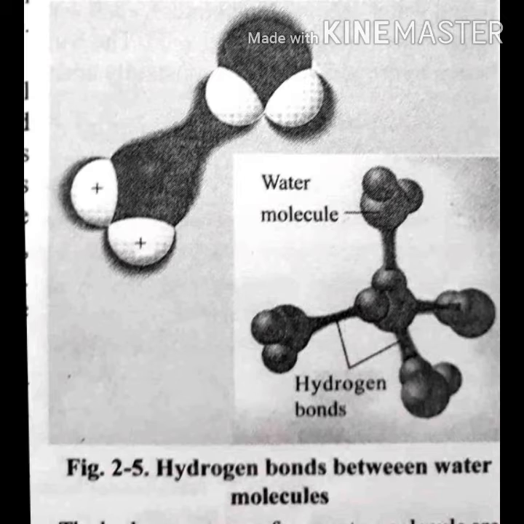The larger the difference in electronegativities of two atoms, the more likely they are to form an ionic rather than a covalent bond. So the very important criterion to define the bonding pattern is the electronegativities of the two atoms.